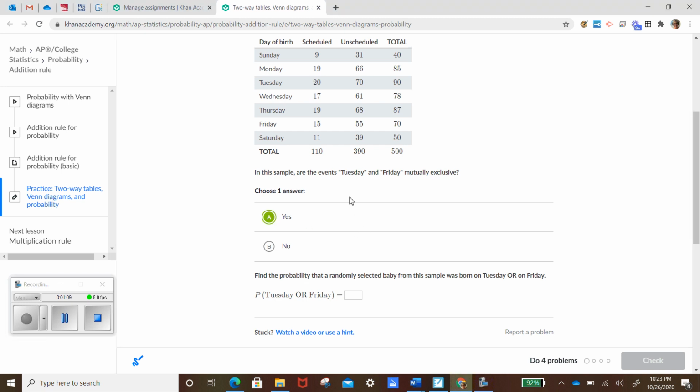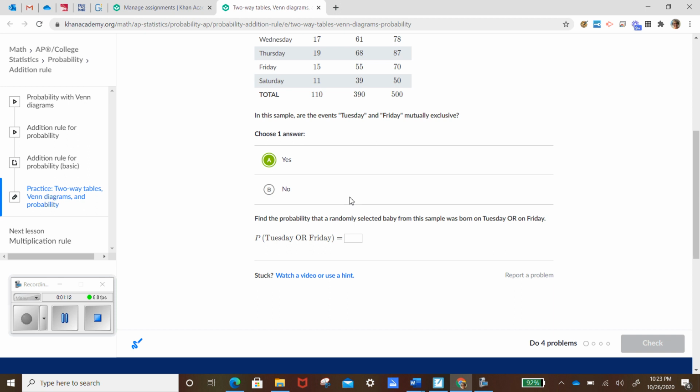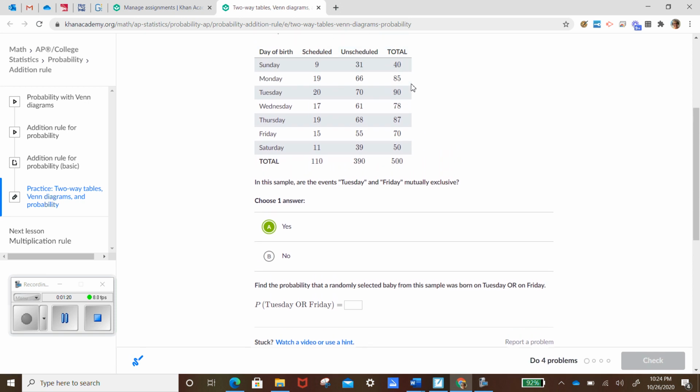Find the probability that a randomly selected baby from this sample was born on Tuesday or on Friday. So on Tuesday, we have 90 babies total out of 500. And on Friday, we have 70 babies total out of 500. Well, for mutually exclusive events like this, we just add the probabilities together.